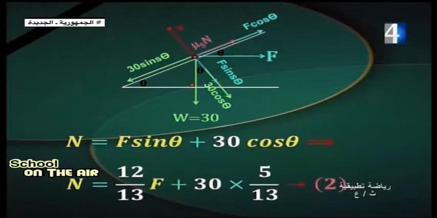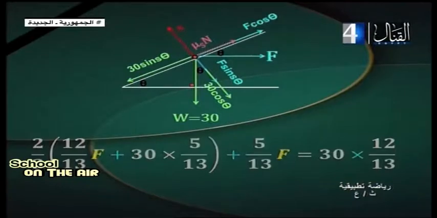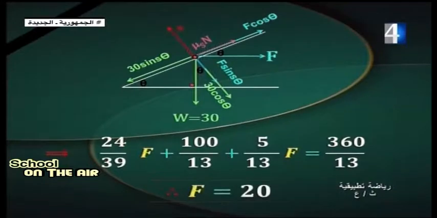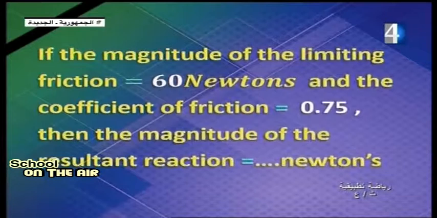Therefore, by substitution, N equals 12/13 F plus 30 times 5/13. From 1 and 2, we deduce the value of the force F. Therefore, F equals 20. Now we move to another one.